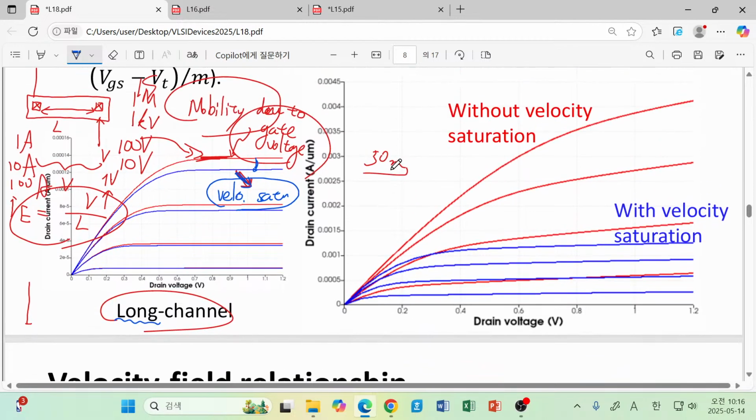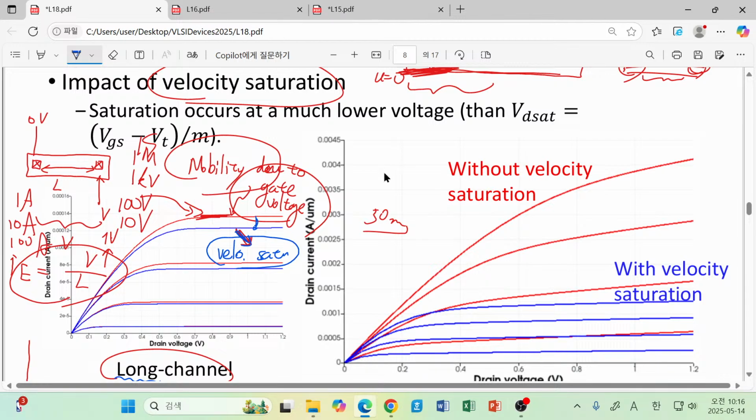But please have a look at our short channel device. What happens? This was the value without velocity saturation, and this is the value with velocity saturation. You can see that there is a huge reduction of our maximum current, almost 3 times smaller than the previous case. So that becomes really a limiting factor for our current.